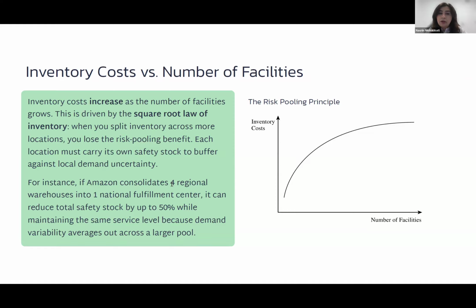So why are we doing that? Because we are just forecasting the demand. Demand is uncertain. It is about the future. We don't know for sure what's going to happen. It might be higher than expected. So we are keeping extra stuff so that we don't run out of them. If we have many facilities, we have to keep many more of these safety stocks in every single facility so that we make sure that the facility will not run out of stock.